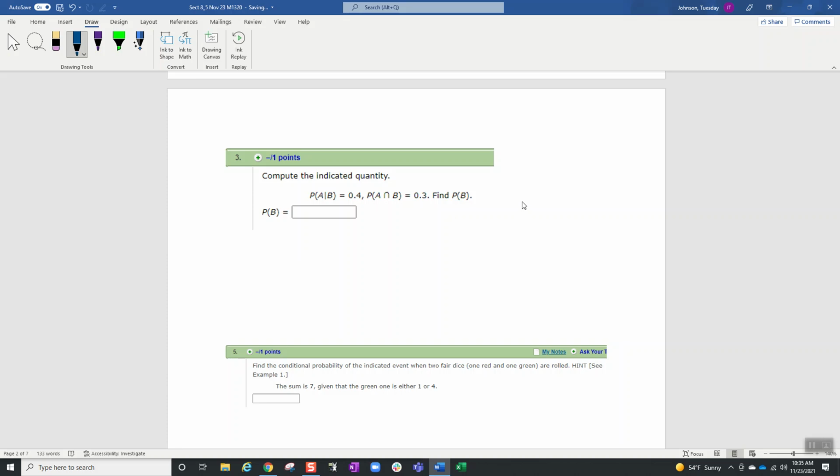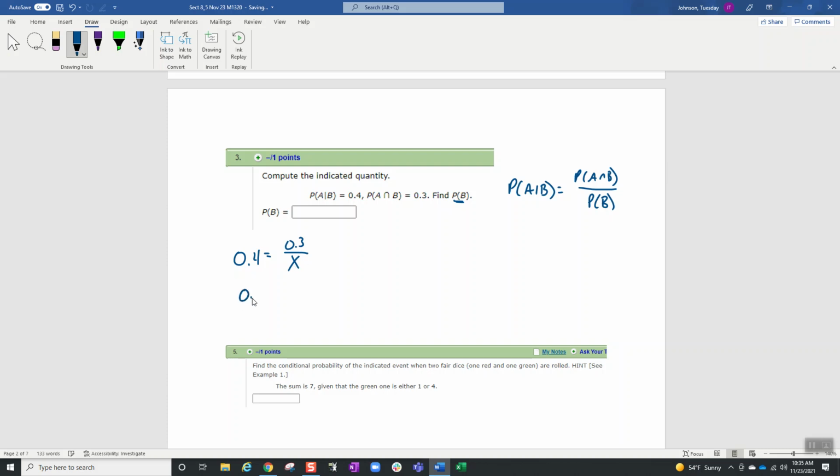Compute the indicated quantity. We're looking at the same formula, but this time we're trying to find that denominator. So I might set up my formula as 0.4 equals 0.3 divided by x, because P of B is, that's peanut butter. That's not a variable.